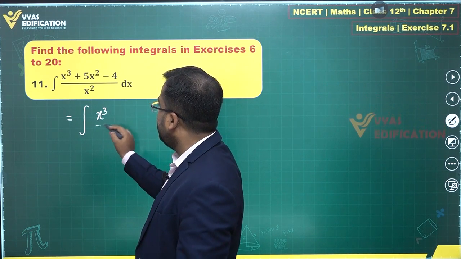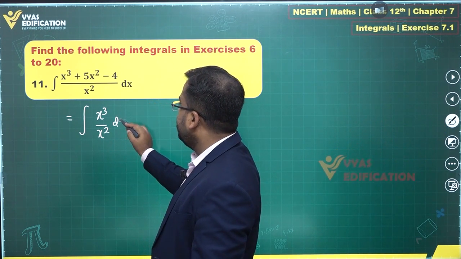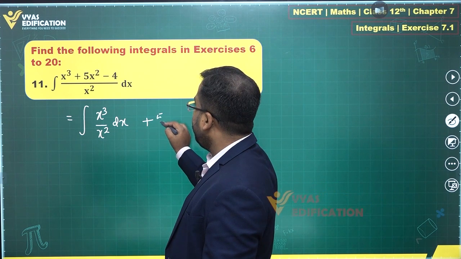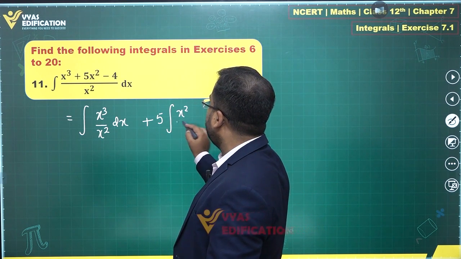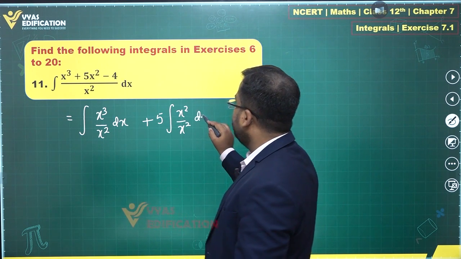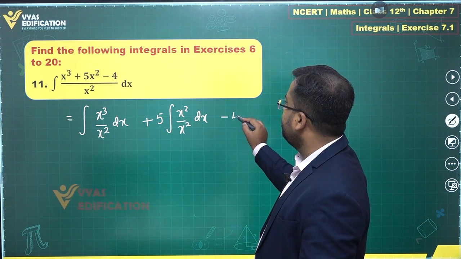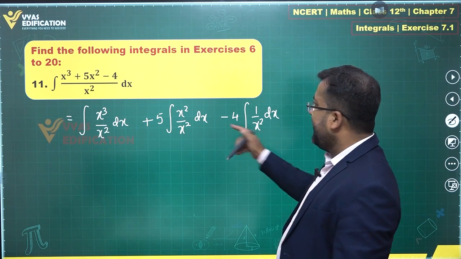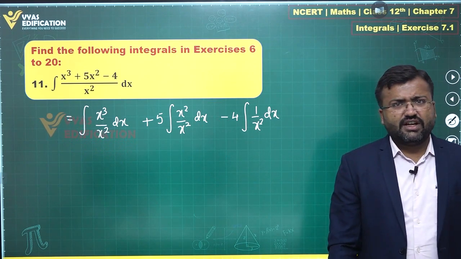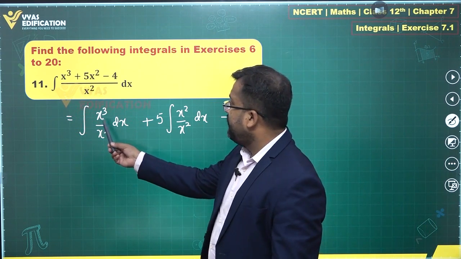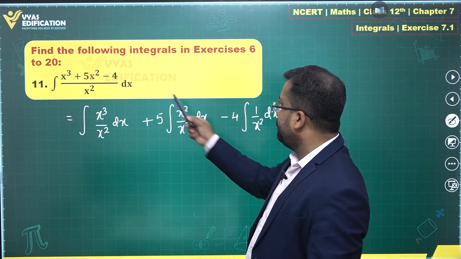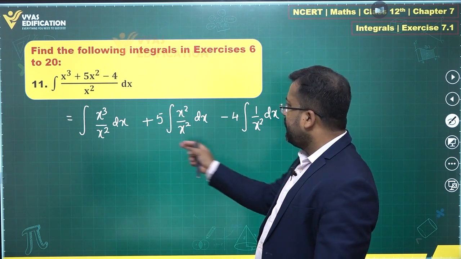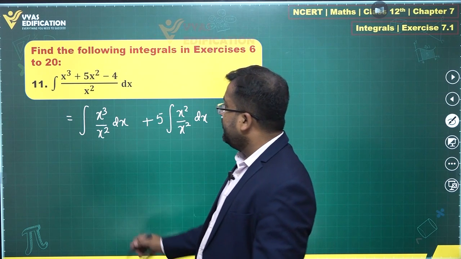This is x power 3 upon x square dx plus 5 times integral of x square upon x square dx minus 4 times integral of 1 upon x square dx. I can write that whole expression as this, right? x power 3 plus 5x square minus 4 has been split, x square goes to each, and this is what I get.